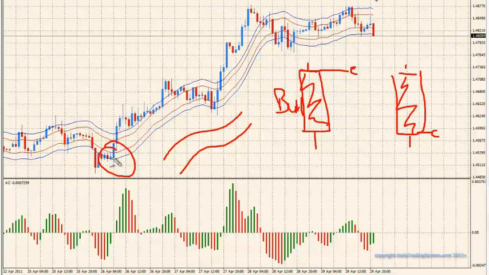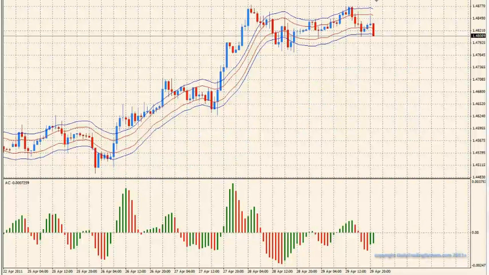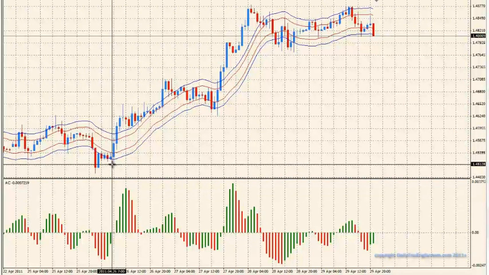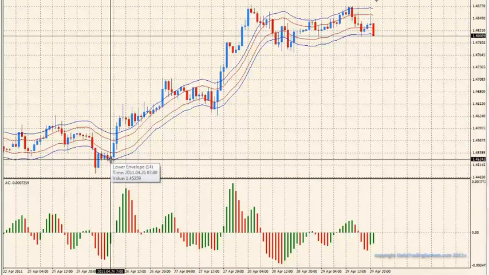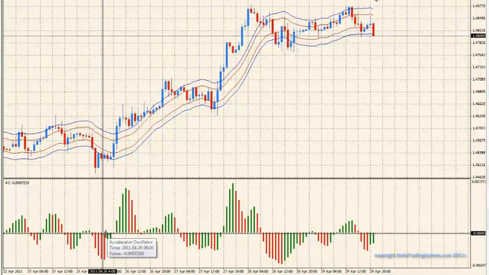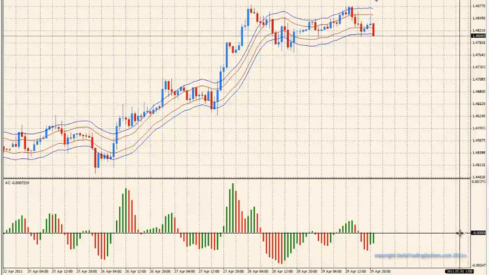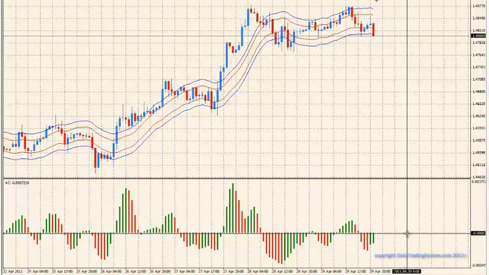As you can see right there where it closes, when the close is inside those two lower bands, the next thing we need to look at is where it lines up with the Accelerator Oscillator. This is the vertical scale, where the dotted dashed line is.